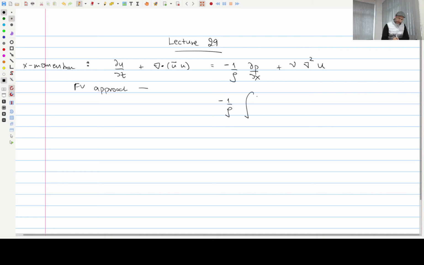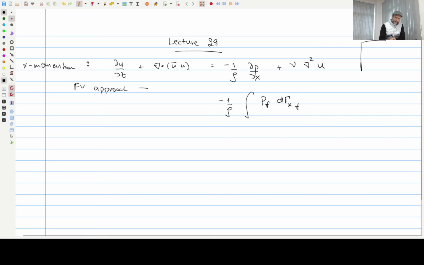So what you end up getting is P on the face times the x component of d gamma. That's the general form of Gauss's theorem. That's what we get when we apply it. And this is the reason, for the control volume that we are considering, let's say this one.